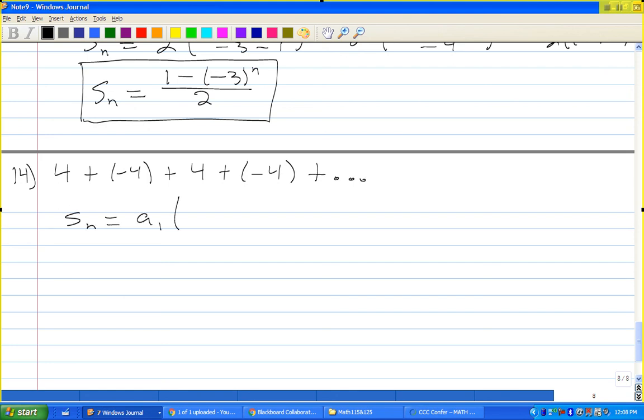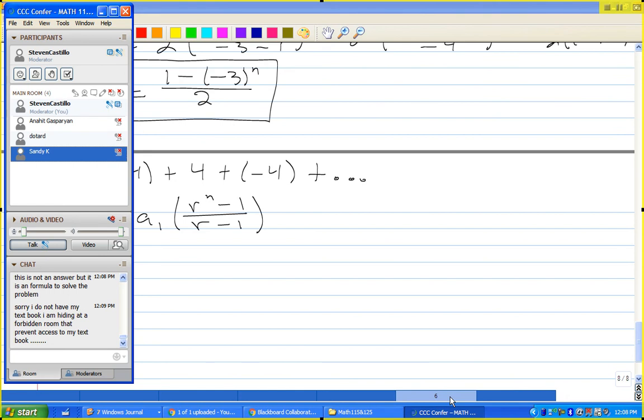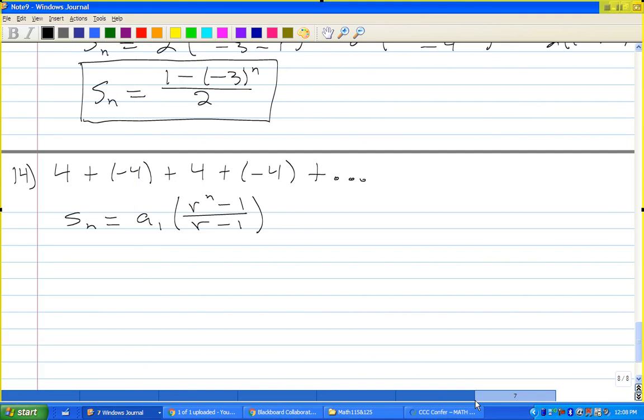So it's a1 times (r to the n minus 1) over r minus 1. S sub n is equal to, well, the first term is 4. The common ratio is negative 1.